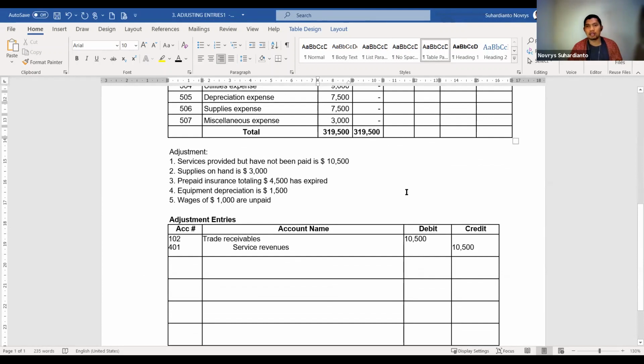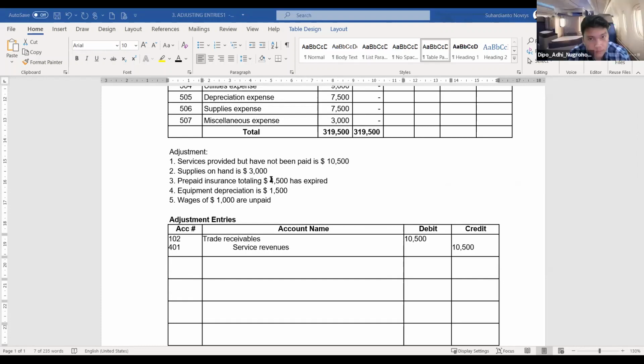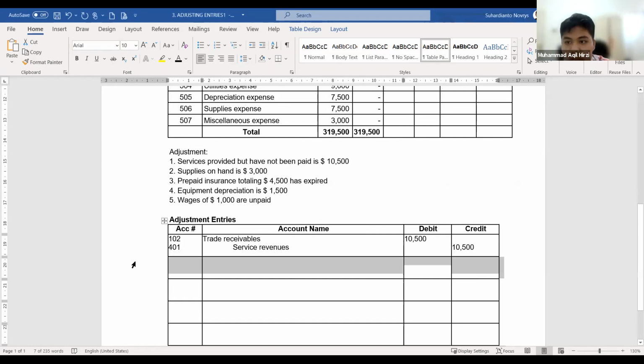So please, can anyone give me the answer on how to adjust that part? Akil Firzi, please. Yes, Pak. Is it supplies expense in the debit and the supplies in the credit?